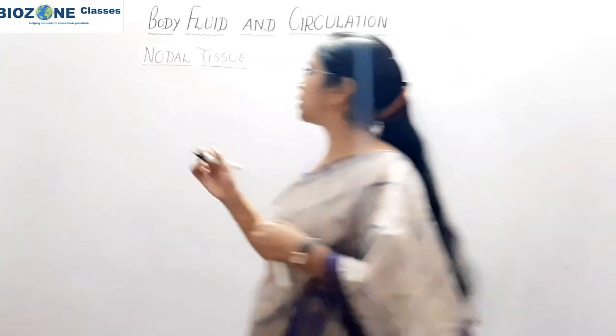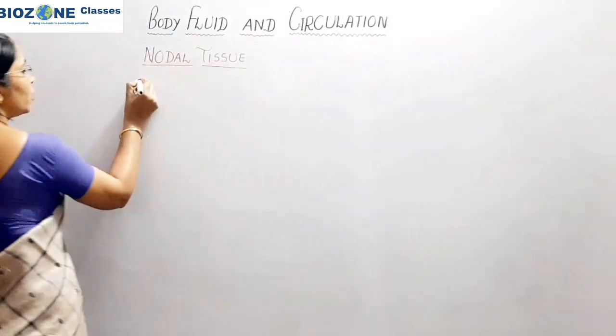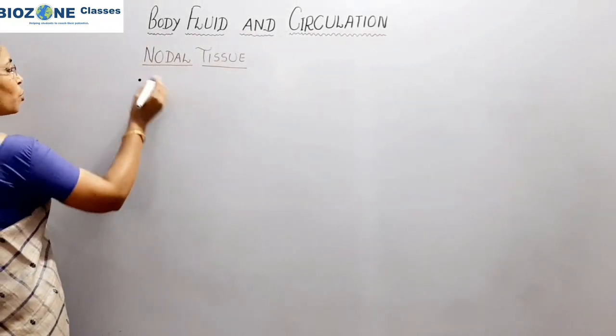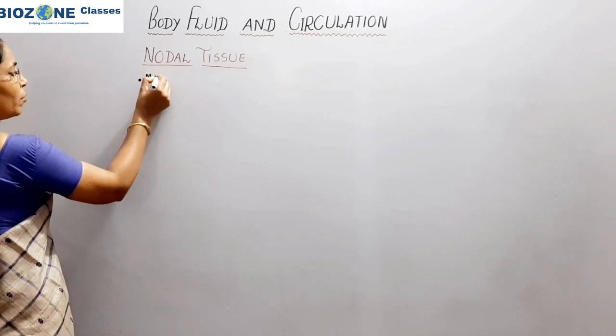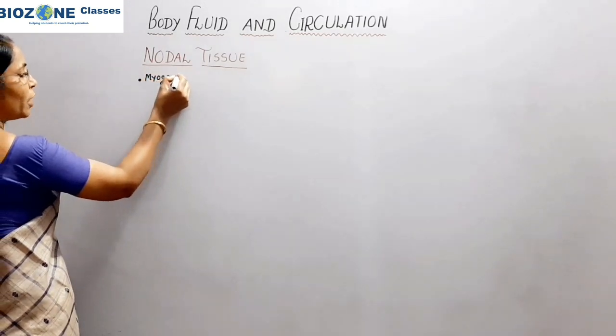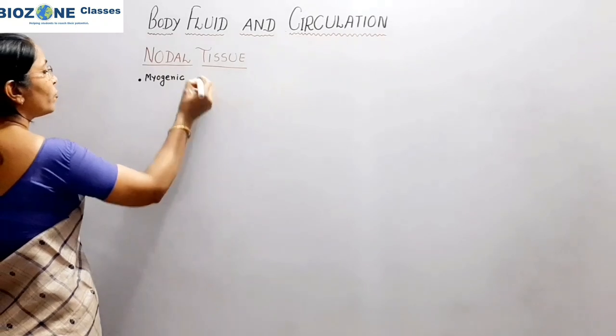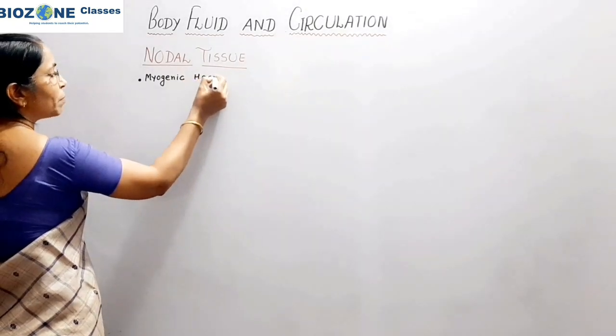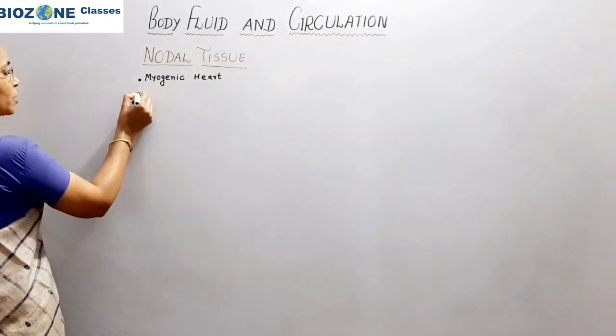When we study nodal tissue, you remember that a human being has a myogenic heart, and because the heart is myogenic, it consists of a special group of cardiac muscle.